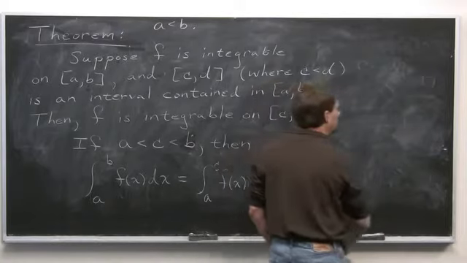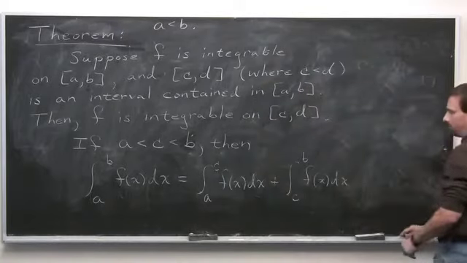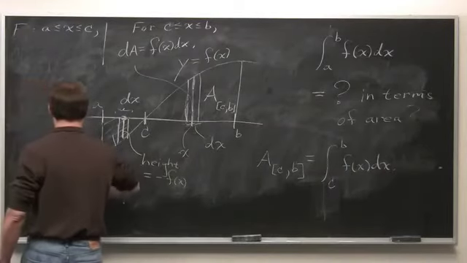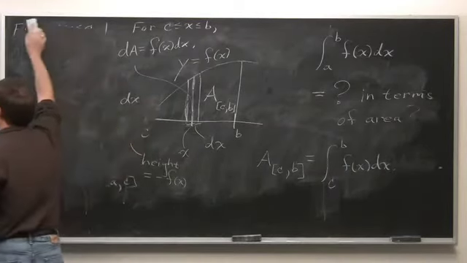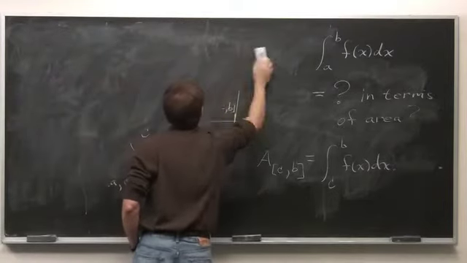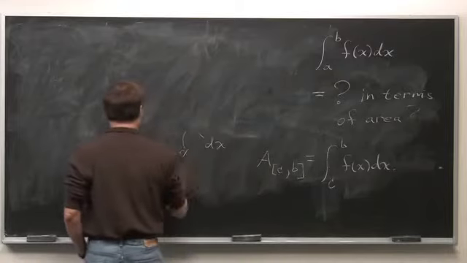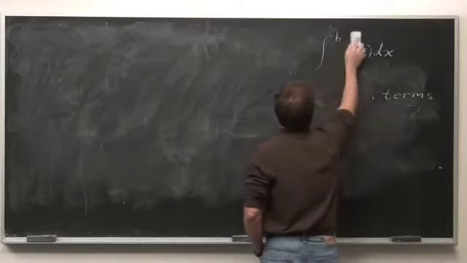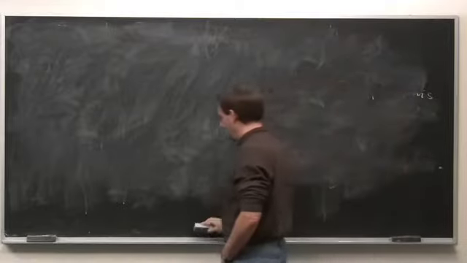In terms of area, this is intuitively obvious, especially if you take f to be positive, so it's easier to draw and discuss, than if you allow f to be positive some places, negative other places.